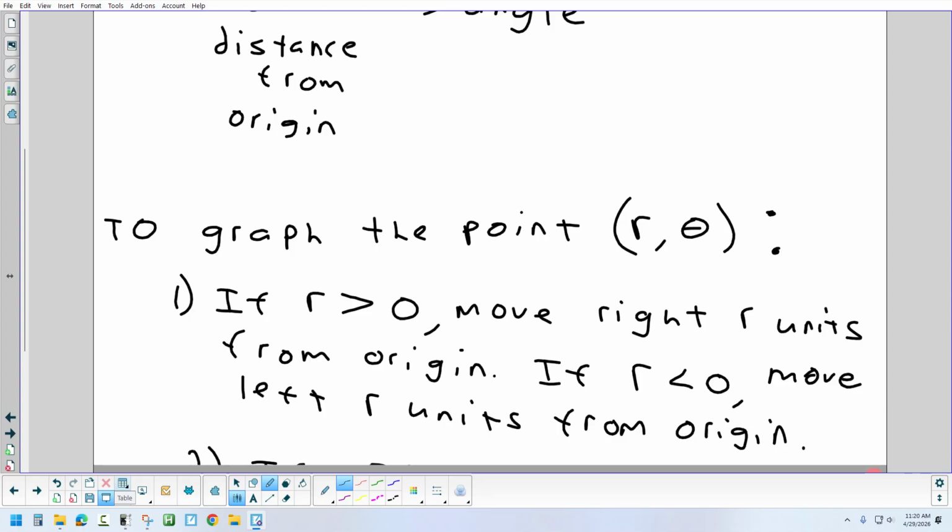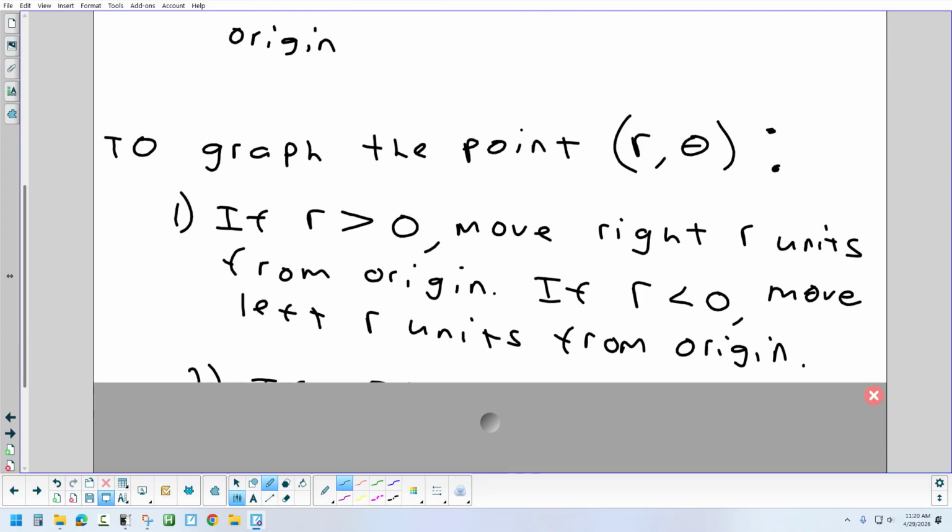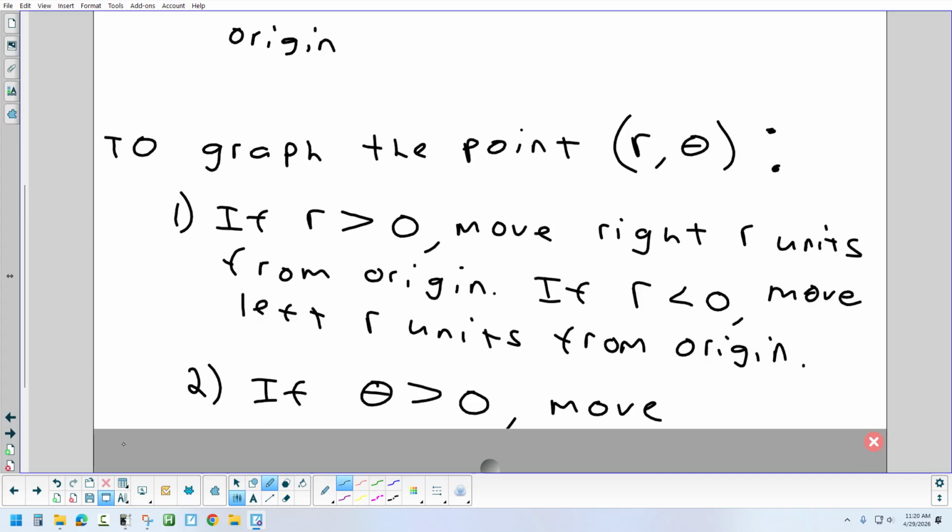Just like with regular coordinates, you can have decimals. So you could move 3.5 units to the right or 1.5 units to the left. So you start by going left or right, the number of units indicated by R, and then we have to take into account theta.